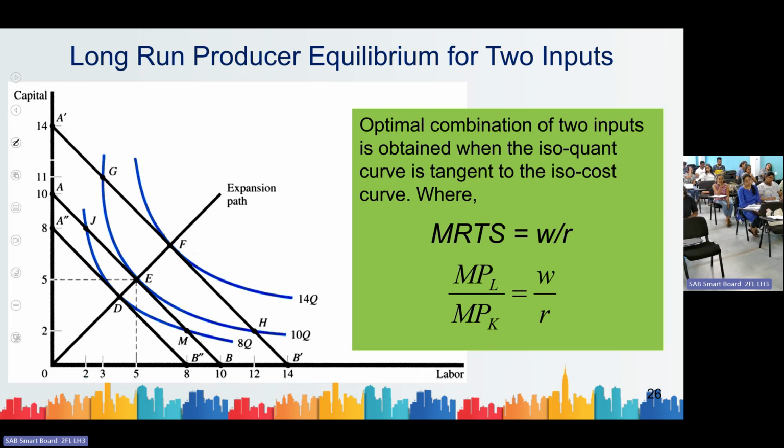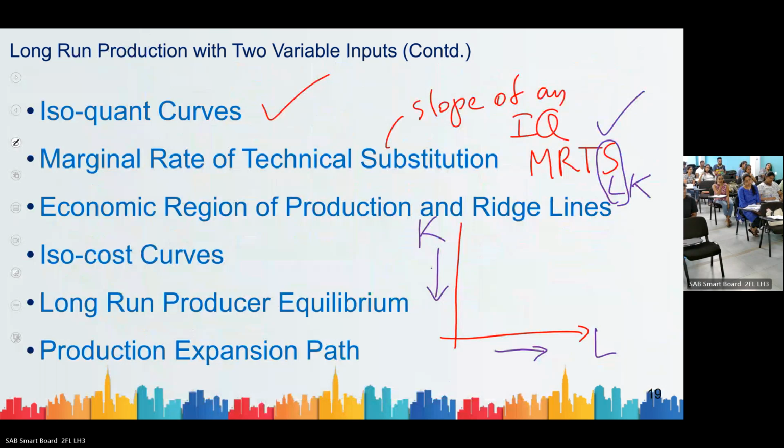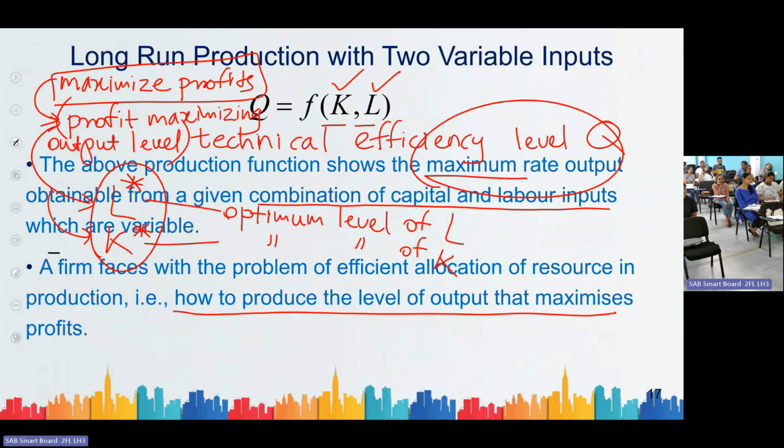Then we talk about these two things: the optimum level of labor and the optimum level of capital that maximizes profits. That is what we are going to study now.